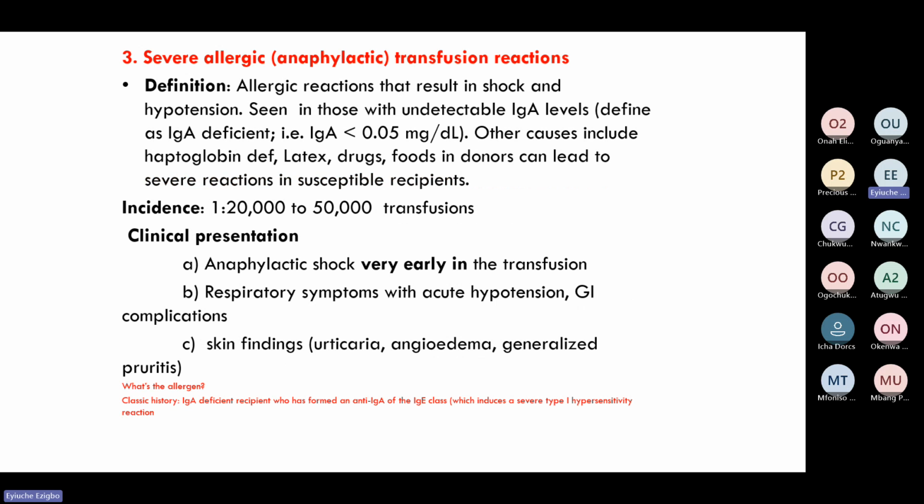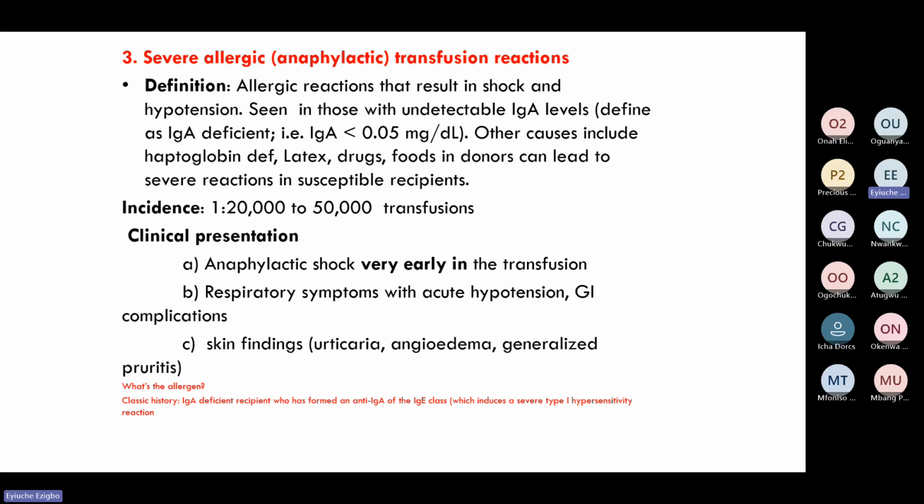Okay. So severe allergic transfusion reactions are allergic transfusion reactions that result in shock and hypotension. They're seen in those with undetectable IgA levels. Some persons with very low IgA levels come down with such transfusion reactions. Other causes include haptoglobin deficiency, latex, drugs, and food in donors, which can lead to severe reactions sometimes. The incidence is 1 in 20,000 to 1 in 50,000 transfusions.